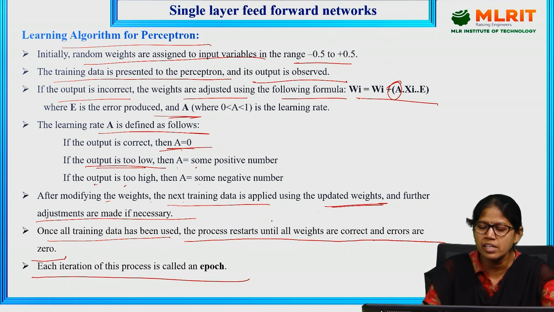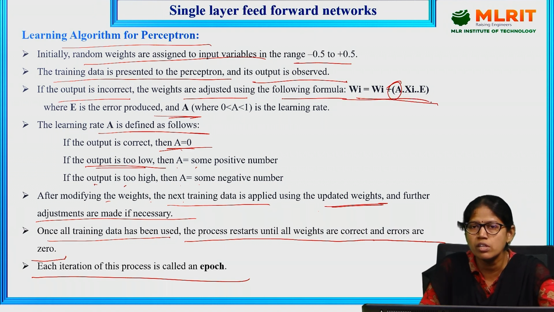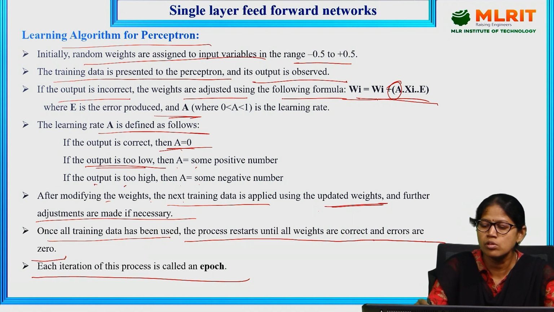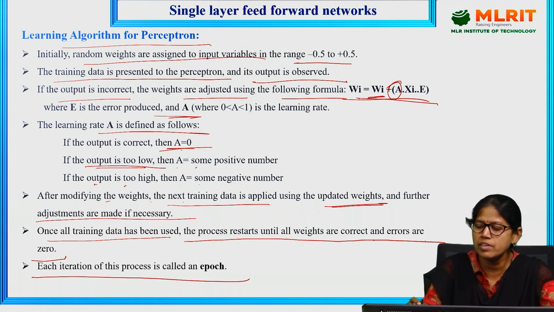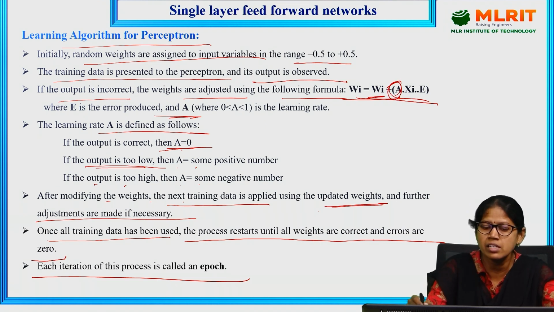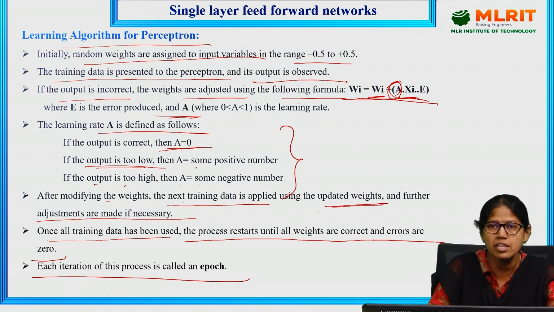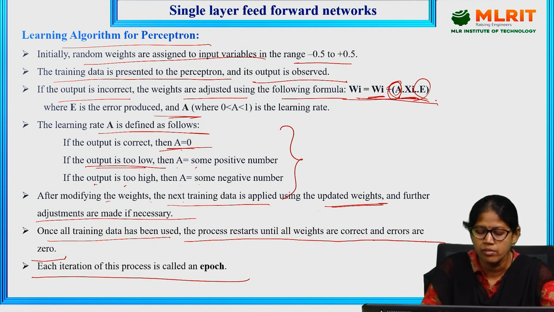To adjust the weights, the formula is Wi equal to Wi plus A into X into E. Wi is the previous value, A is the learning rate, which we already defined, X is the input of that particular node, and E is the error value.